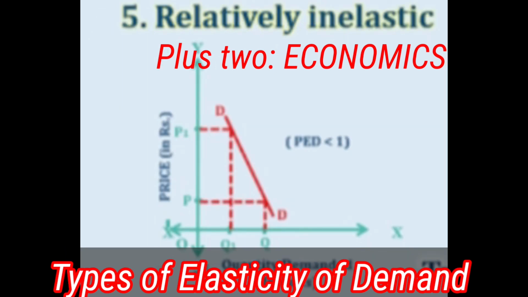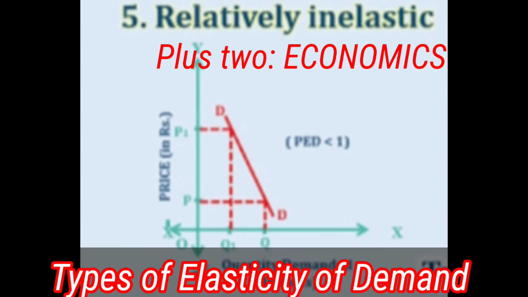Now relatively inelastic demand. Here you see PED or ED is smaller than 1. That means you mark the percentage change in price and percentage change in demand. For example, take the case of sugar. If the percentage change in the price of sugar is 5% and the percentage change in demand is only 2%, that is less.